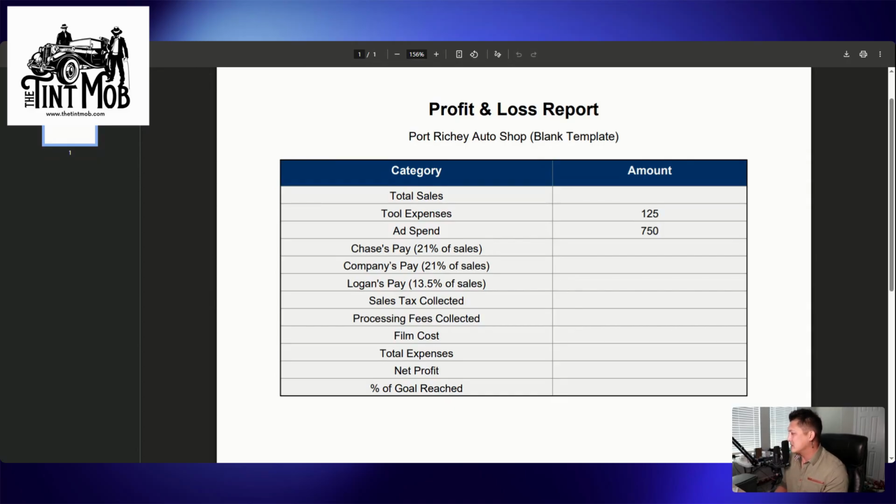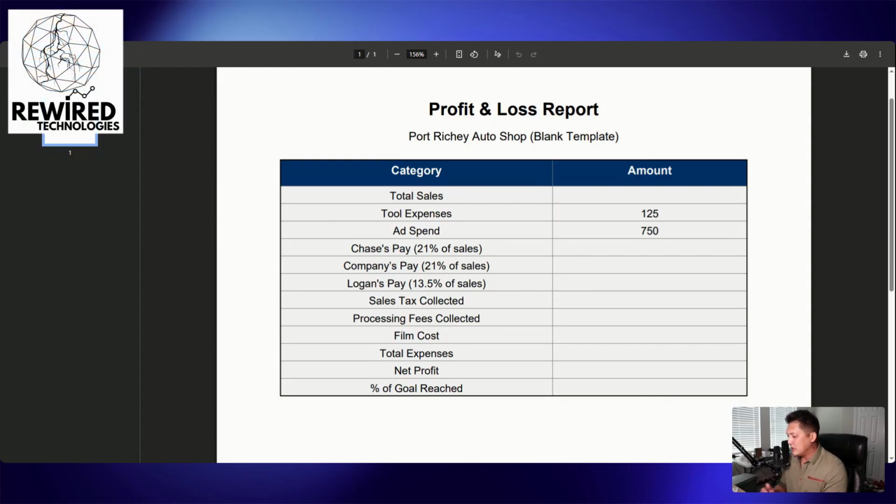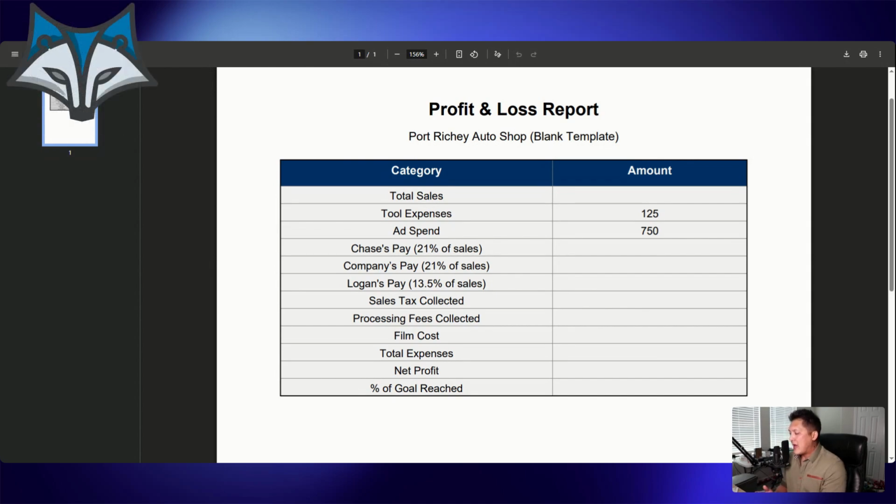You can always take that, because the margin for the company pay really is more about the company needing to make money so that you have money to expand.